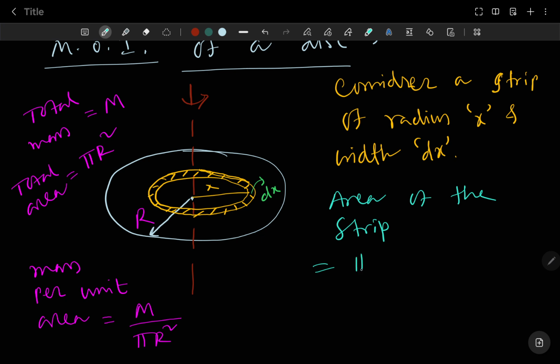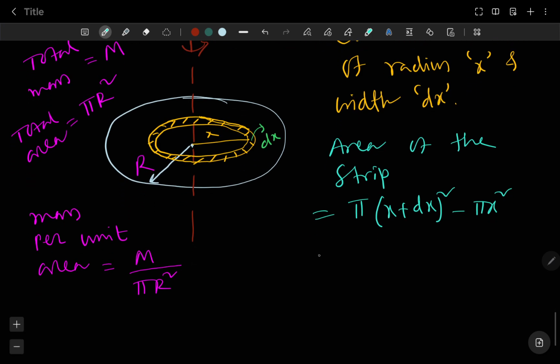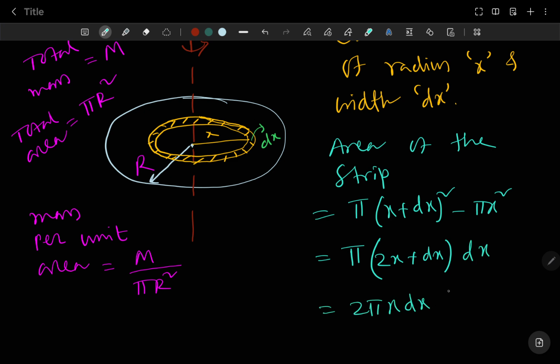So it will be pi (x plus dx) square minus pi x square. So if I take pi common, a square minus b square, so it will be this plus this is 2x plus dx, x minus x gone, so it is dx. Okay, so if you multiply, 2 pi x dx plus pi dx square, right?